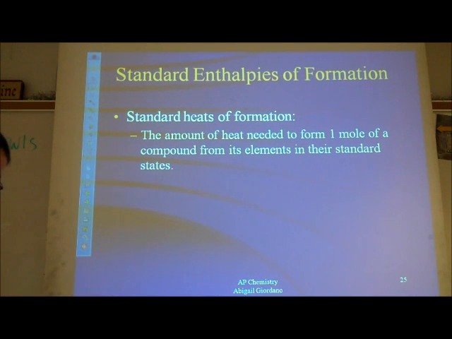Now, this gets into a little bit of a discussion. If you go over, find carbon. Solid carbon. There's 2 forms of carbon listed there. Graphite, which has a value of 0, and then carbon diamond, which doesn't have a value of 0. It has a value of 2 kilojoules per mole. It's positive.